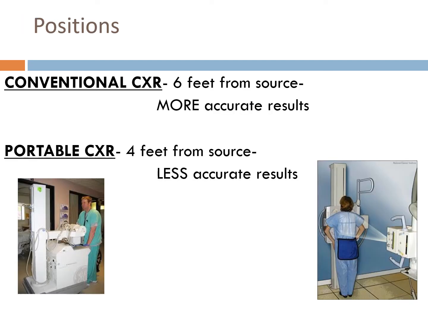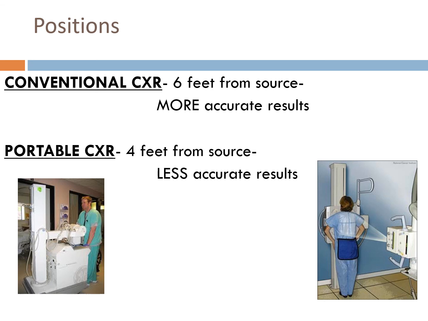All right, so different positions on X-raying. A conventional X-ray is one where you would go down to the X-ray department, and they would have you stand. The person there on the right is doing a PA film, so it's posterior anterior, going from the back through the front.